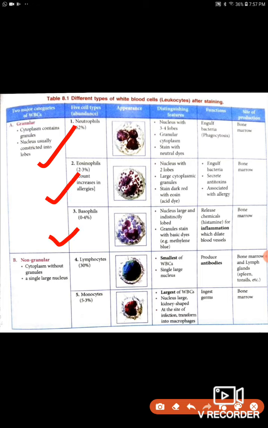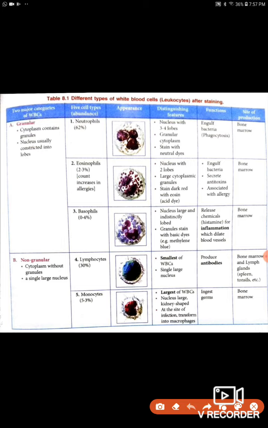This is called neutrophil because it is not stained by any dye. This is called eosinophil because it is stained by acidic dye, and these are stained by basic dye. That's why they were named like that. See the percentage. The maximum number of granulocytes are neutrophils at 62%, eosinophils 2 to 3%, and basophils 0 to 4% only.